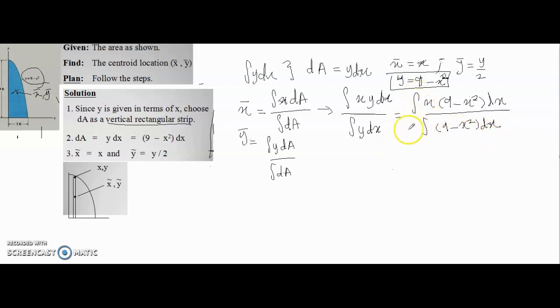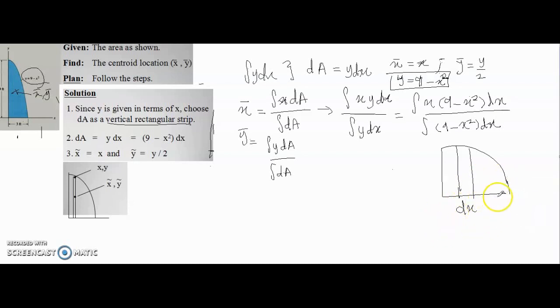So we do the integrations because we are using the vertical rectangle element. This is your shape, so the vertical one. This is a changing of x from a certain x to a certain x.